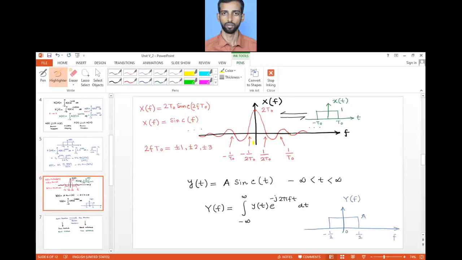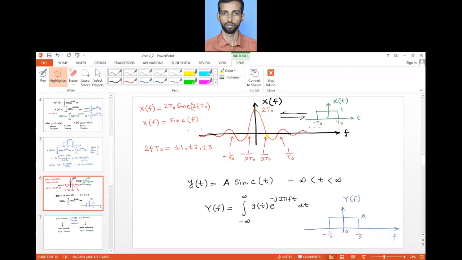Here also you have −1/2T₀, −1/T₀, then −3/2T₀, and so on and so forth. At those frequency points, the X(f) value will become 0. Otherwise, this X(f) will be in between some fixed values over there.